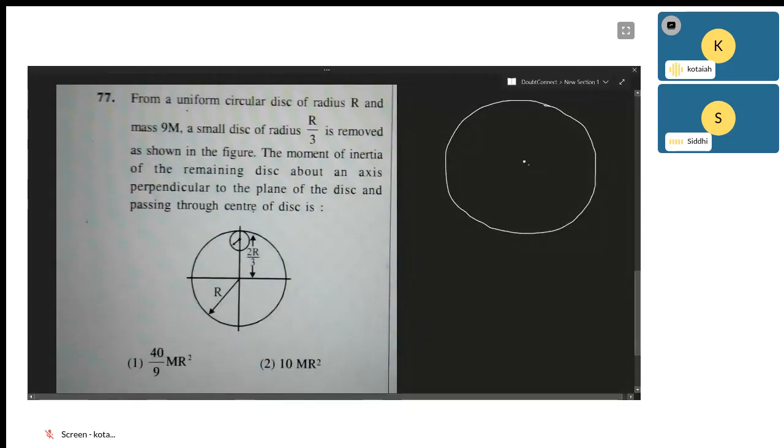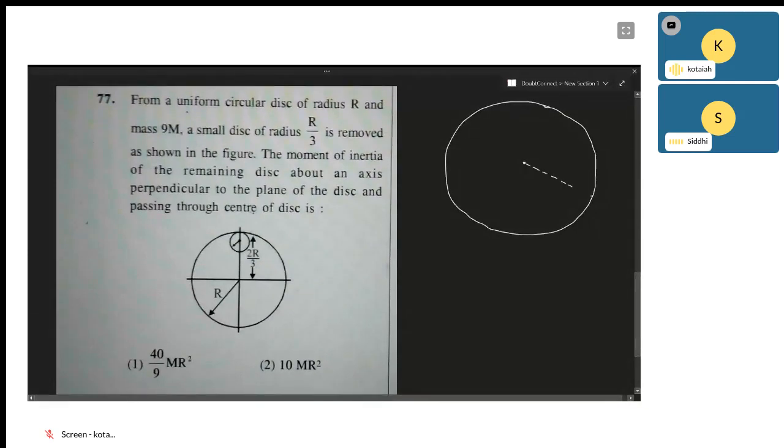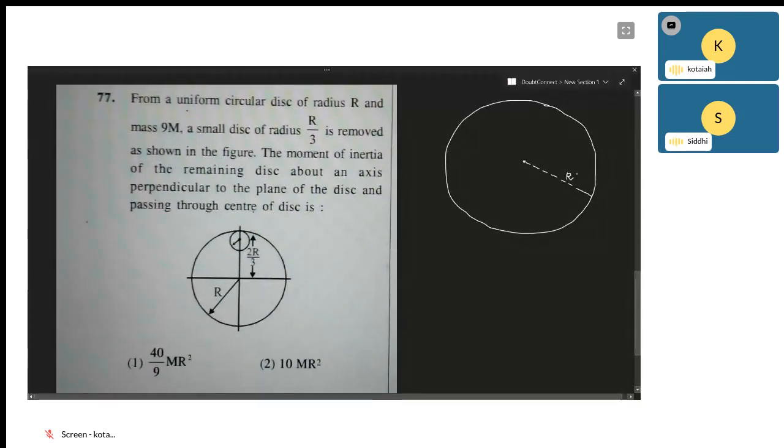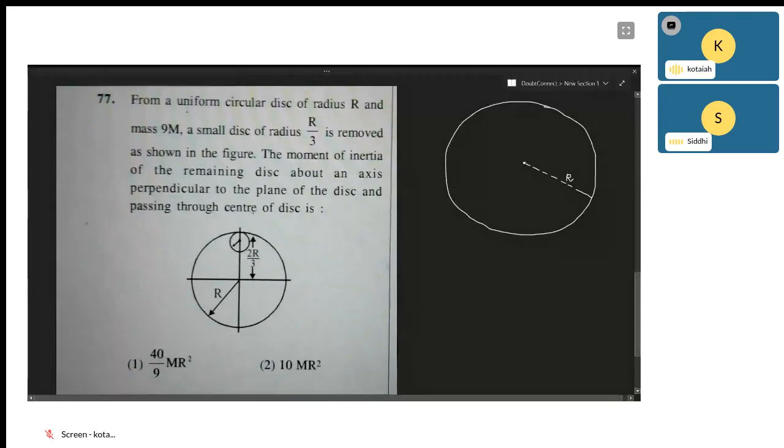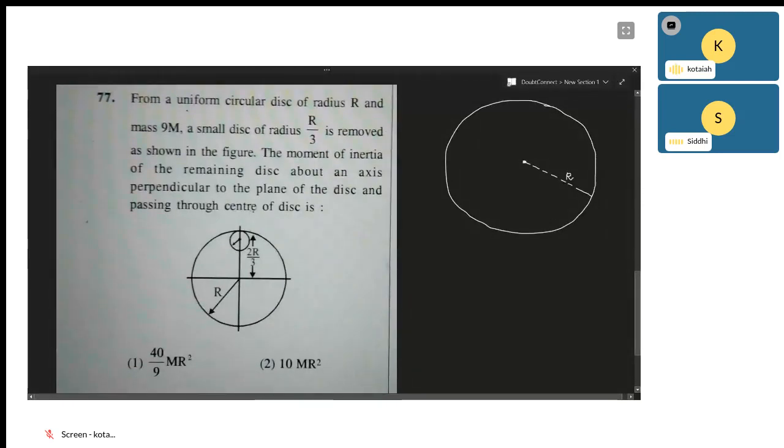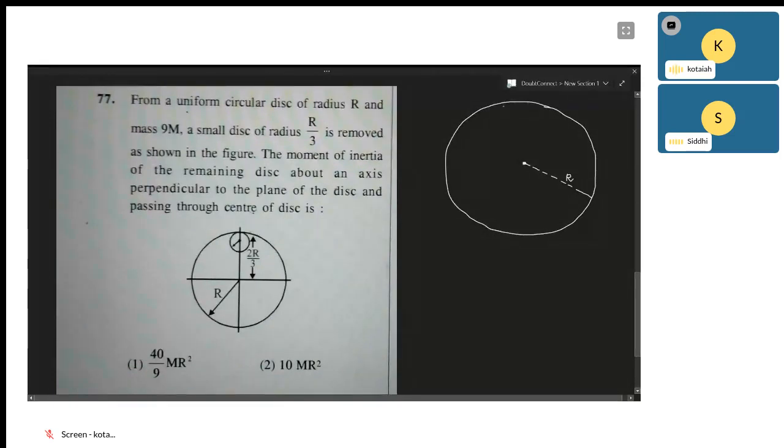They have mentioned very clearly that the radius of the circular disc is r. Now from the circular disc, they are removing some portion, with radius r by 3. So that means it will be something like this. This is the portion, so here the radius is r by 3.